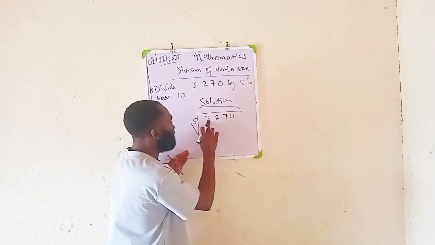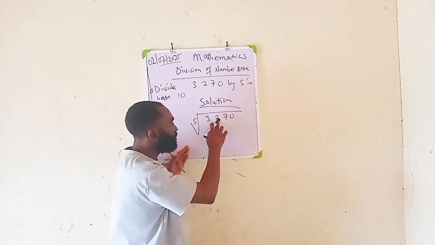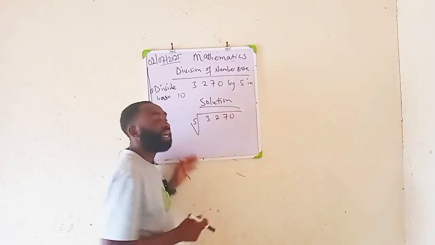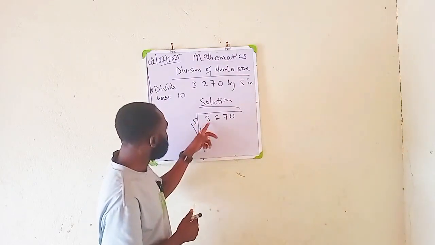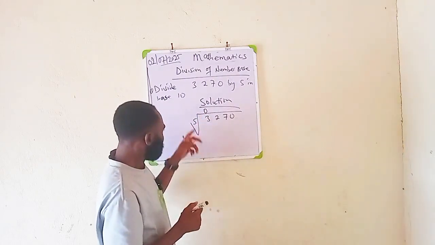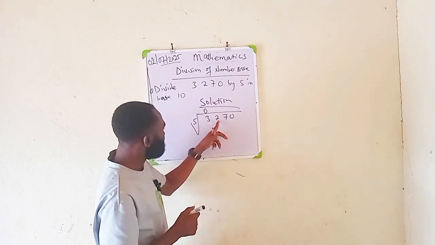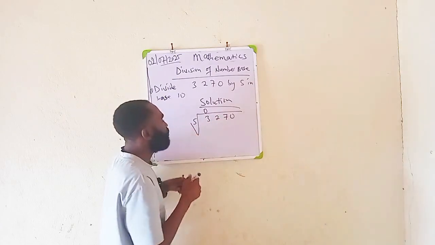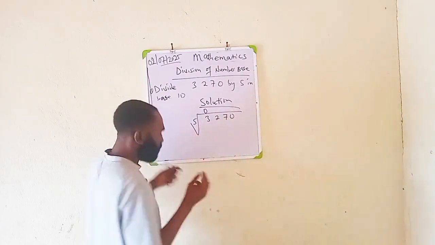But if this first digit cannot divide 5, then we move to the second digit so that we'll be able to divide 5. Since 3 cannot divide 5, it will give you 0, then we move to the second digit, which is 32.